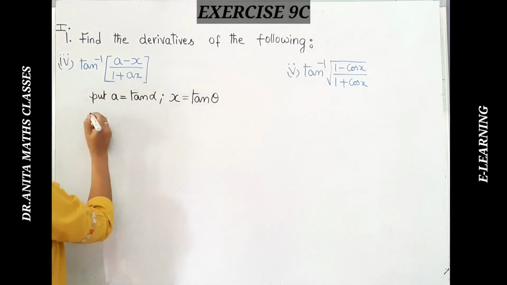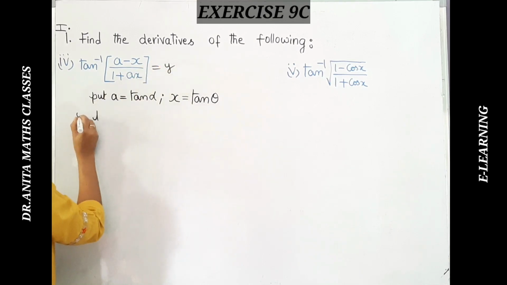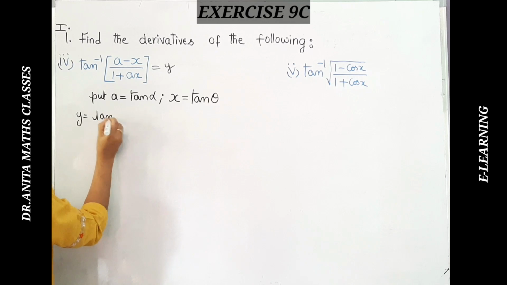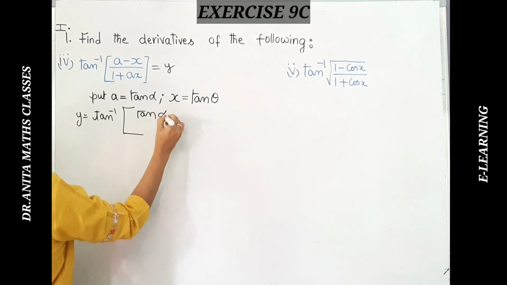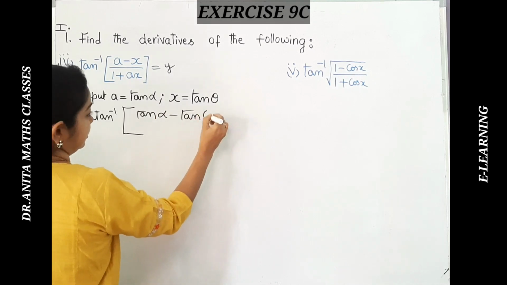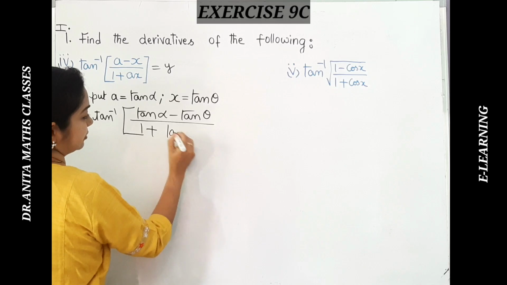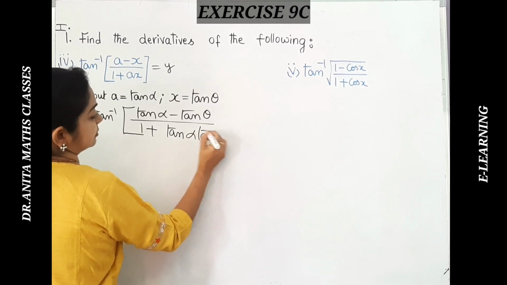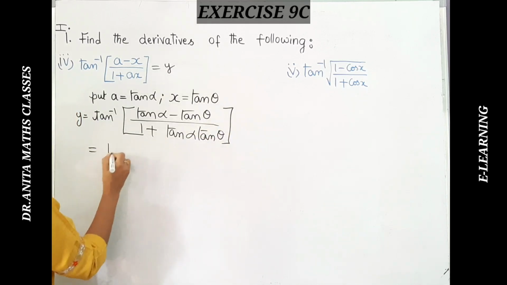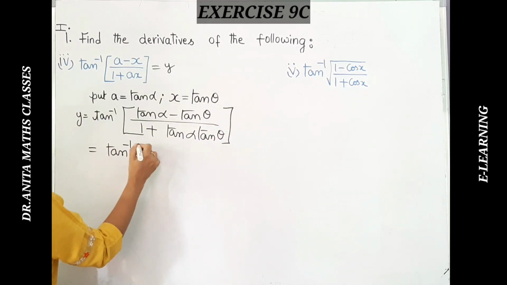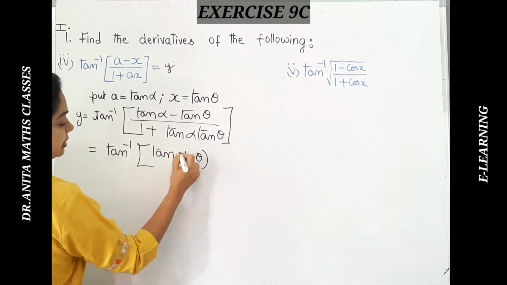Let us substitute, this is our y. So y is tan inverse of (tan alpha minus tan theta) divided by (1 plus tan alpha tan theta), right? In the formula for tan A minus tan B, this will be reduced to tan of (alpha minus theta).